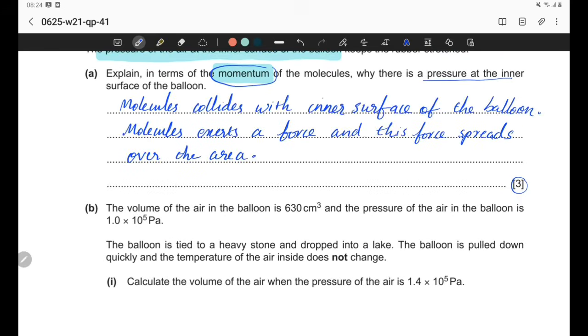So the second point we can write: molecules exert a force and this force spreads over the area. You can write one additional point about the momentum. As the molecules collide with the walls, their direction changes, so the momentum of the molecules will also change. So we can write: momentum of the molecules changes and this causes a pressure.